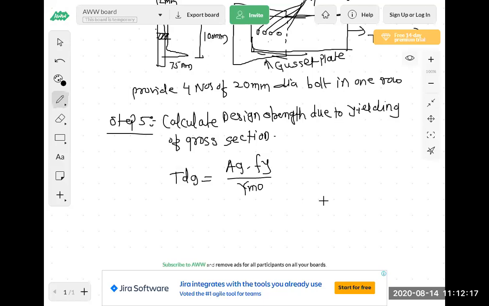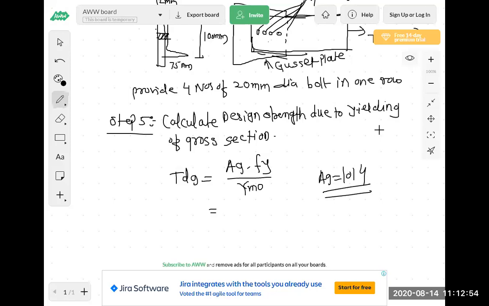Now, which is this Ag? Gross area. Other than that, 1014. 1014 means the Ag of the selected section.